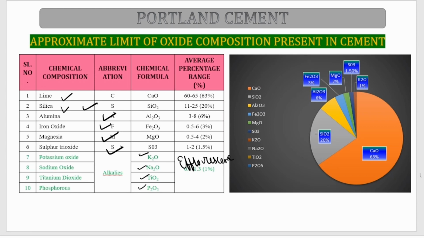In Hindi there is a saying, "जल्दी का काम शैतान का होता है." So this is similar to that. Lime increases the setting time, and alumina decreases the setting time. So you can see these both are opposite to each other. And iron oxide, as I have said, provides a greenish grey color to the cement.